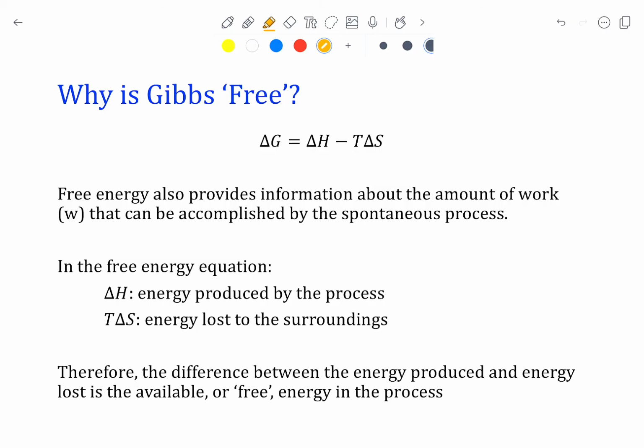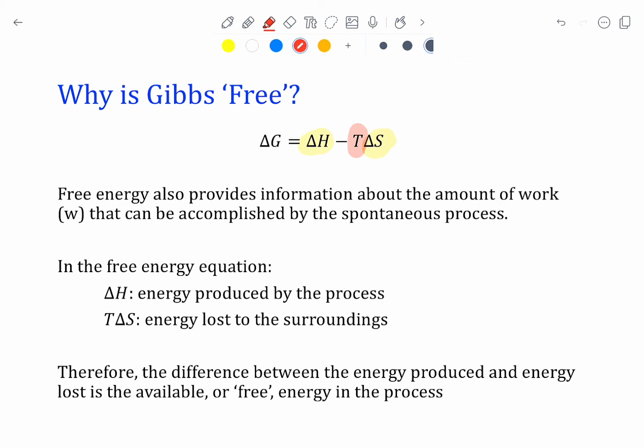So since we're looking specifically at the sign of delta G to tell us if we are going to have a spontaneous versus a non-spontaneous process, well, delta G is related not only to the sign of delta H and the sign of delta S, but we also have to take the temperature into account.